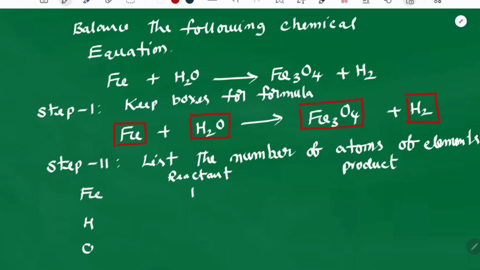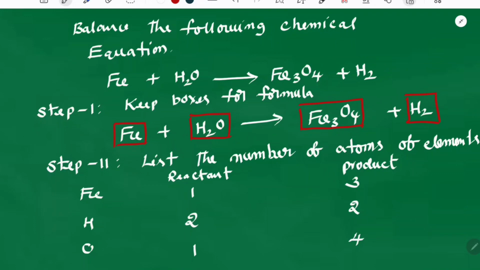One iron atom. How many hydrogens? Two hydrogens. The subscript number indicates the number of atoms. How many oxygens? One oxygen. On this side, how many iron atoms? Three iron atoms. How many hydrogens? Two hydrogens. How many oxygens? Four oxygens.